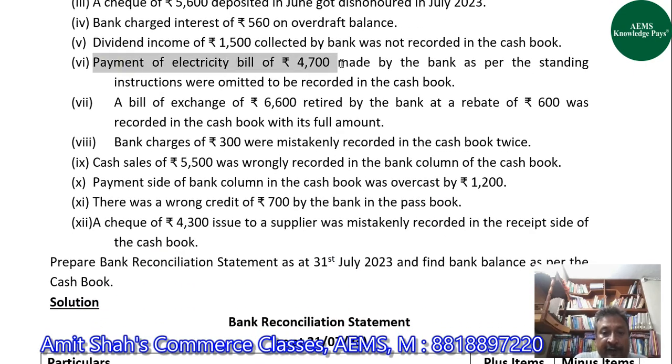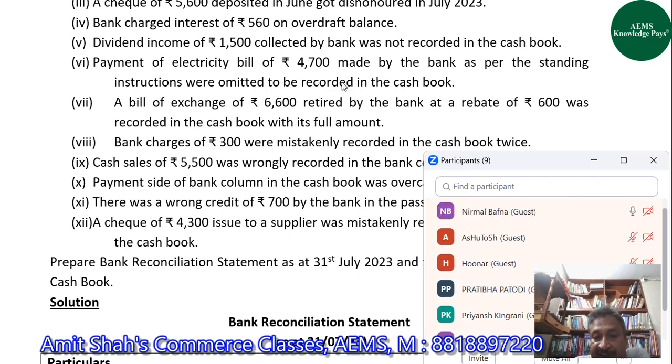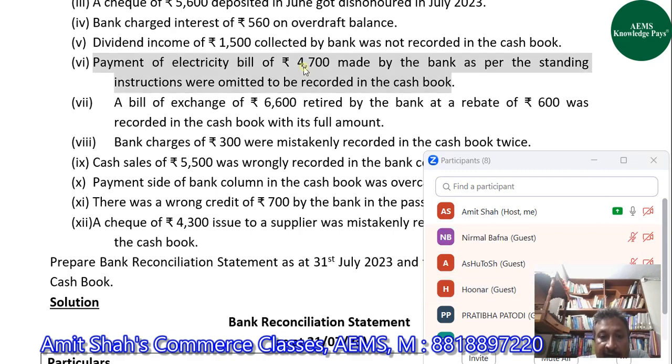Now, payment of electricity bill of 4,700 because of our standing instruction, which we ourselves forgot to record in our cash book. Had we recorded this in our cash book, the balance would have been more or less? Manvi, can you answer this? Because of this point number 6, our cash book balance would have been more or less if it is recorded in cash book? Less. Right, it would have been less.